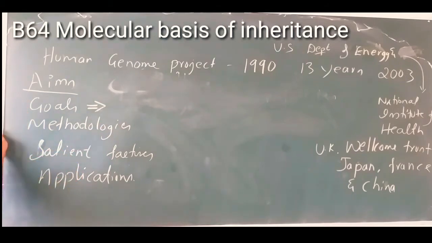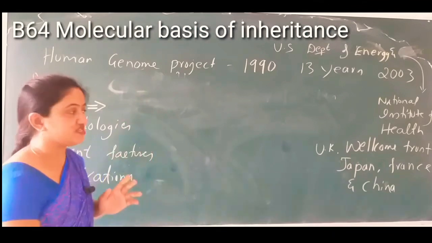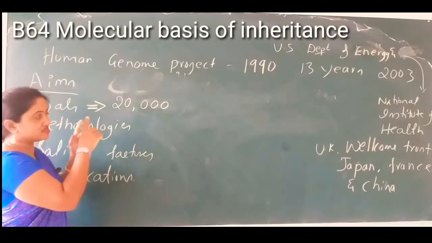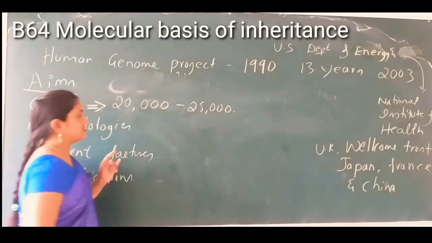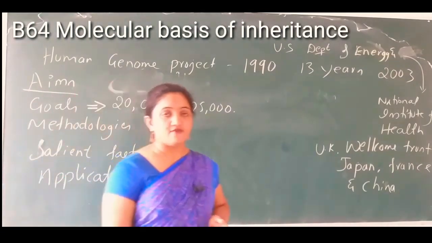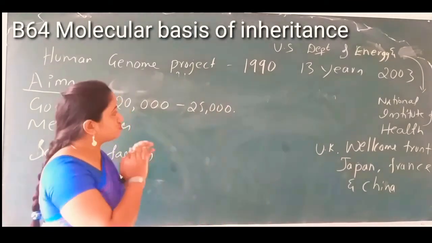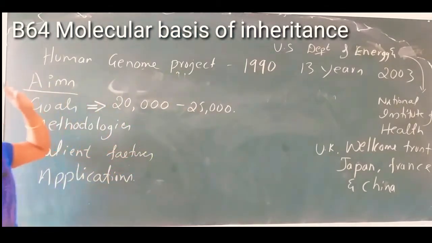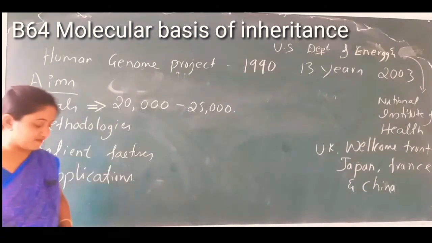The goals are to identify the total number of genes present, which is nearly 20,000 to 25,000. The total genes present in our body are nearly 20 to 25,000. They are going to identify all those genes. That is one goal of this project.